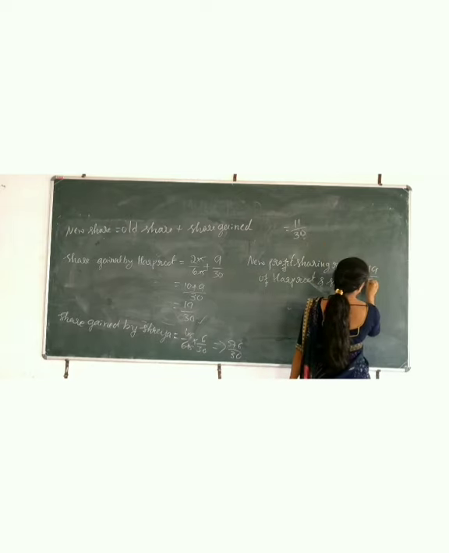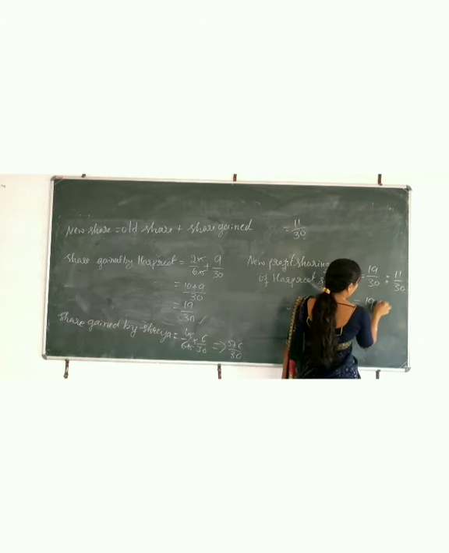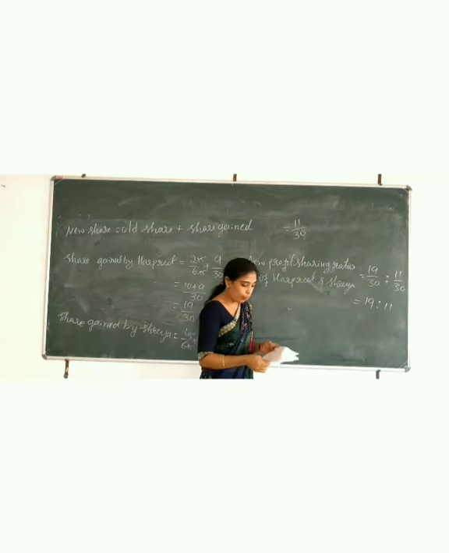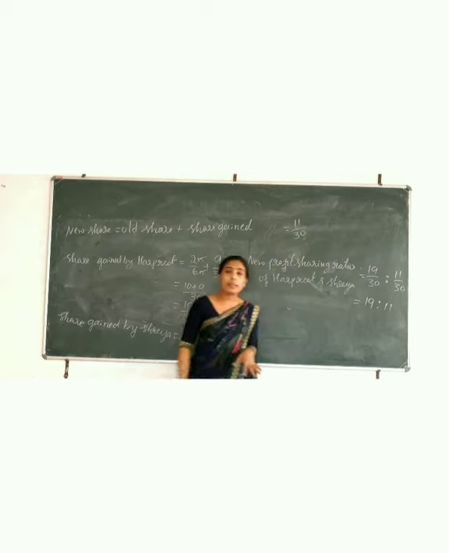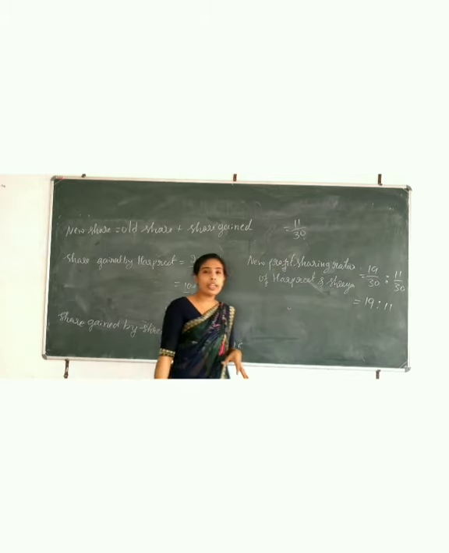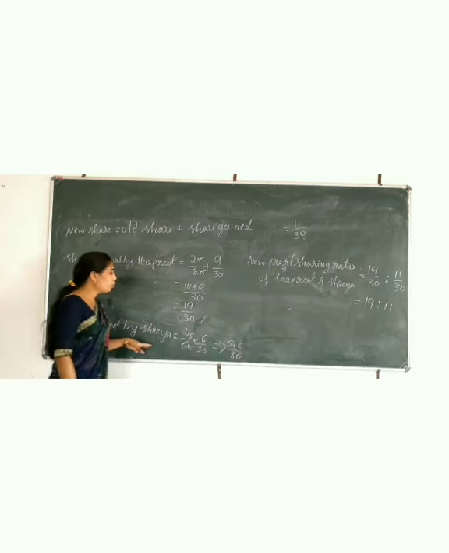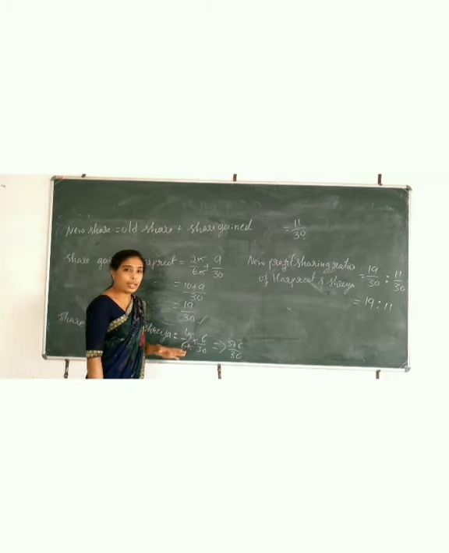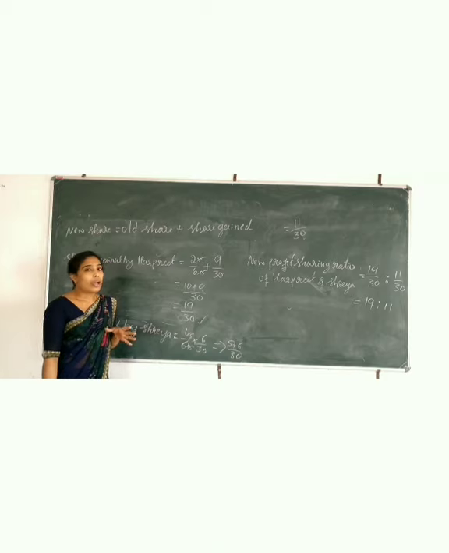So 19 divided by 30 is to 11 divided by 30, that is equal to 19 is to 11. This is the new profit sharing ratio. How do we find this ratio? By calculating the gain ratio, which was already calculated, that is 9 by 30 and 6 by 30, the share gained by the continuing partners with the help of the agreed ratio and old share.